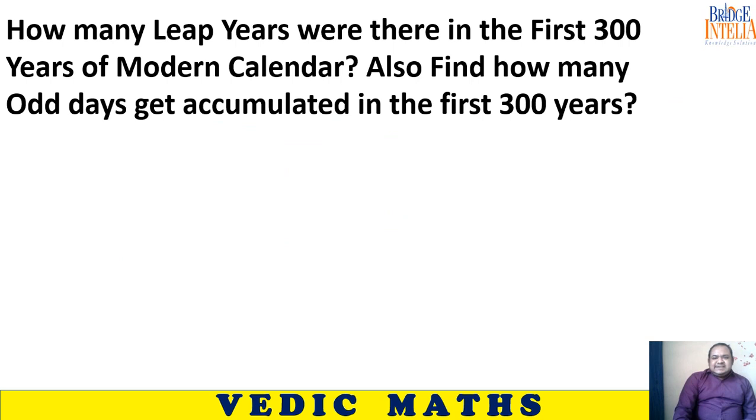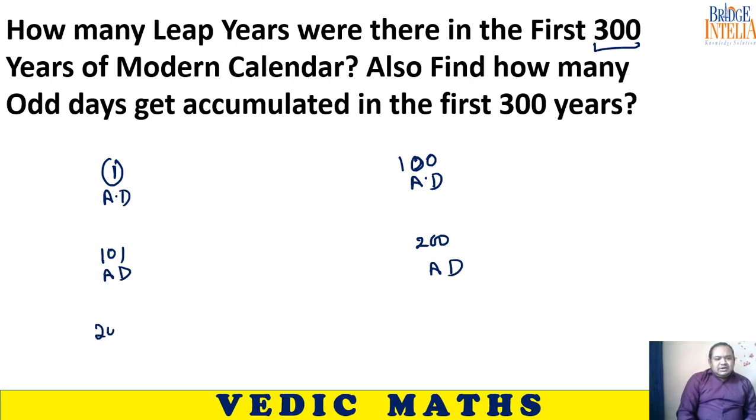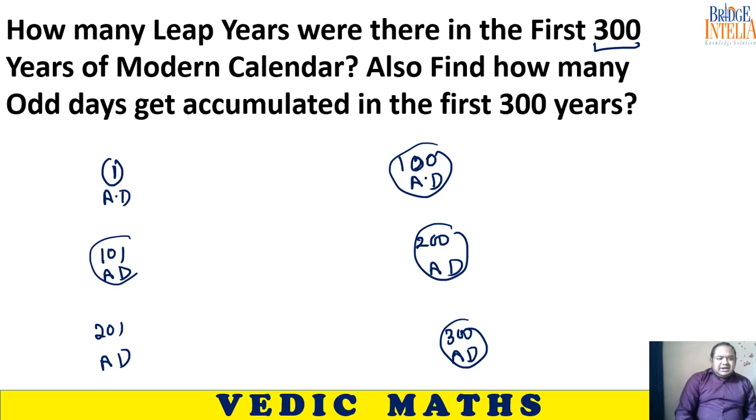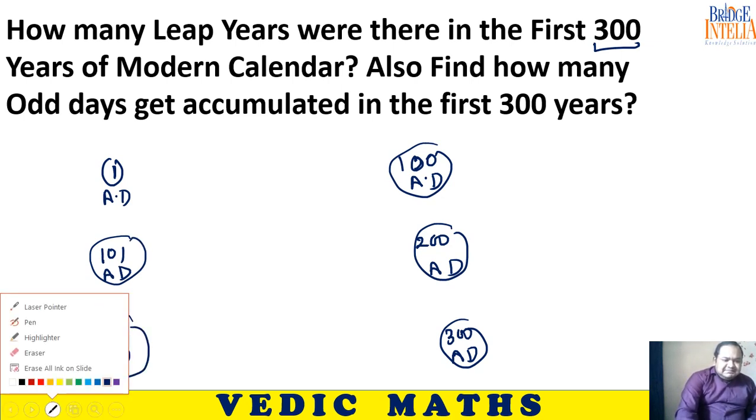Now you have to do the same for the first 300 years. So the same pattern continues: 1 AD to 100 AD, then from 101 AD to 200 AD, and then from 201 AD to 300 AD. Same story, because 100 AD, 200 AD and 300 AD, none of them can be considered a leap year.